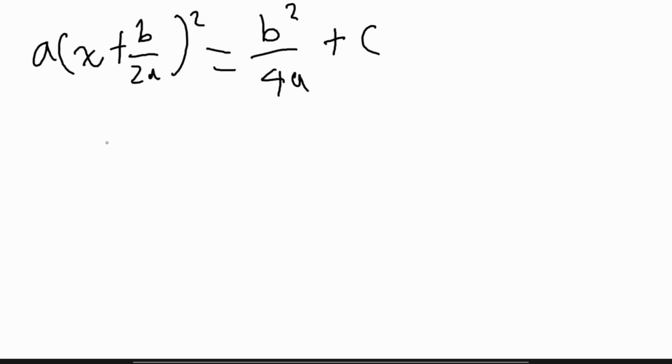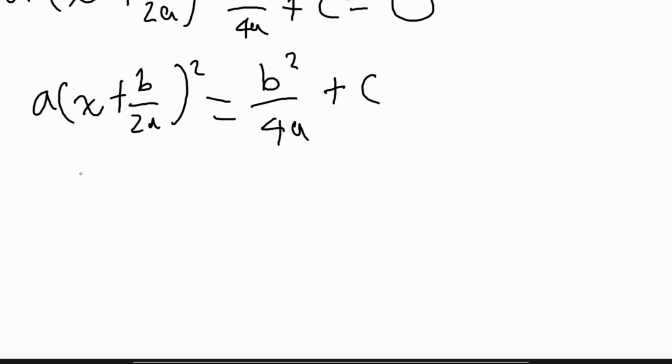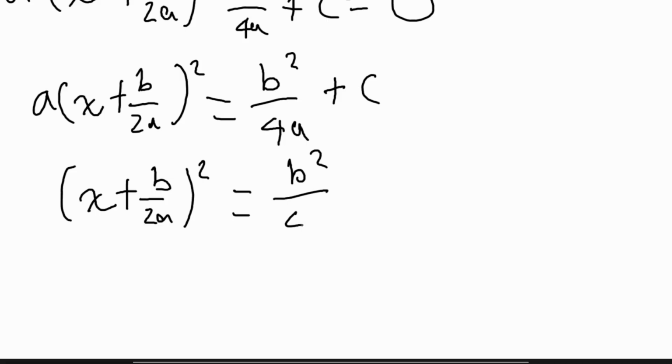And then we can divide both sides by a, and that leaves us with x plus b over 2a squared is equal to b over 2a squared, since we just divide by a again, plus c over a.